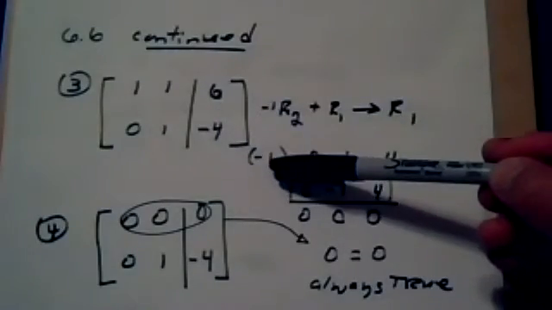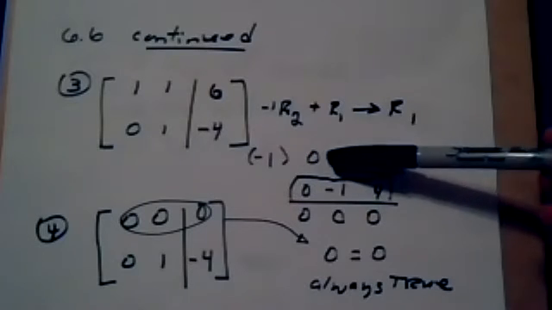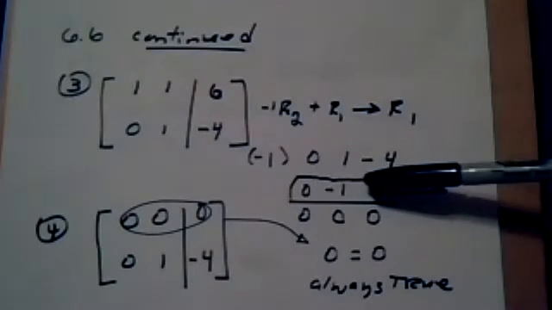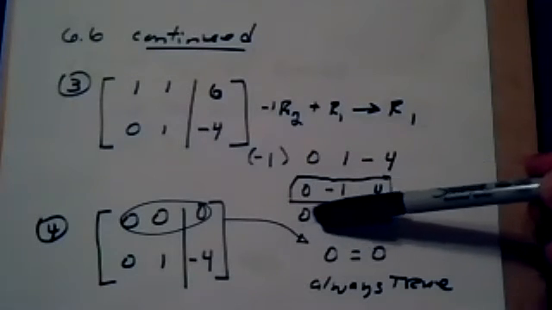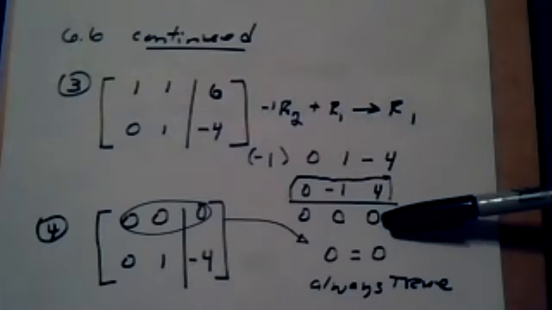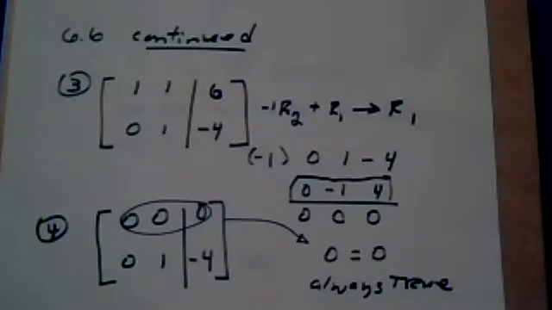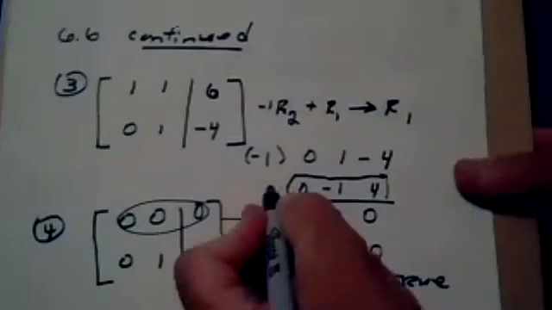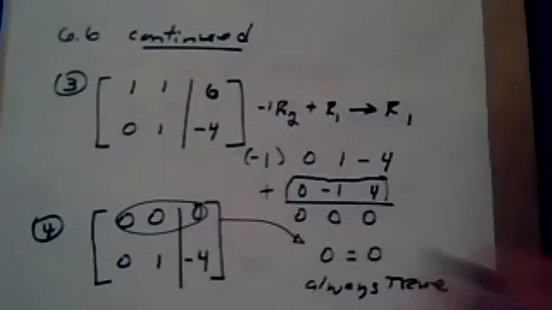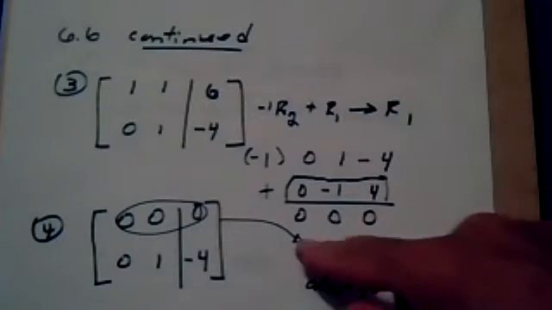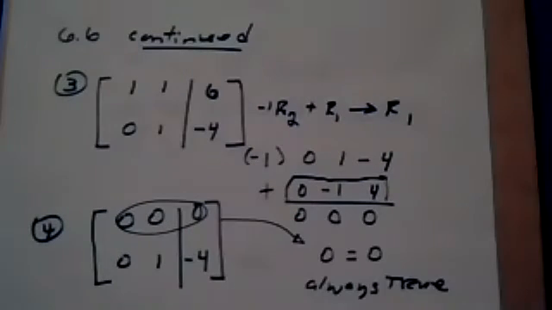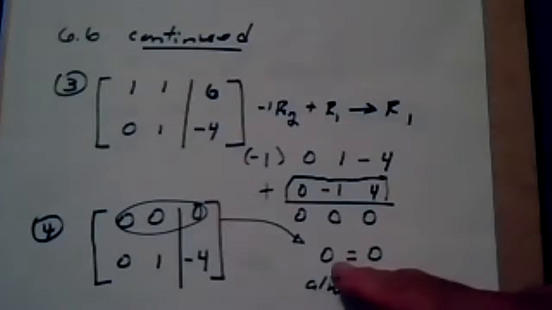Here we're going to carry out the plan. -1 times row 2. This is the result. And then we add them, and this is the sum. After we add these two, we're going to replace row 1 with the result. Notice this implies that 0 equals 0.